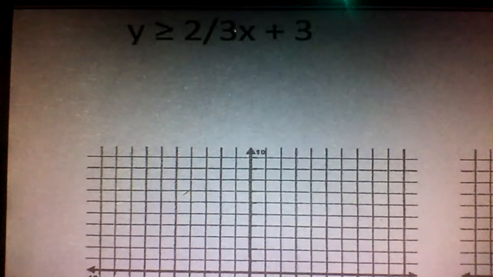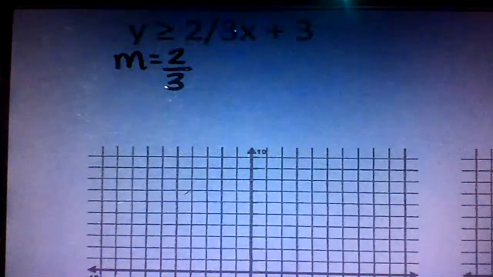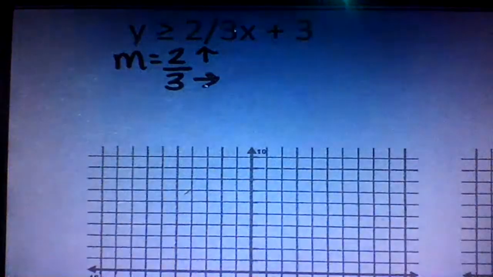What is my slope in this equation? 2/3. Your slope is 2/3, so that tells me I'm moving how? Up and over to the right.